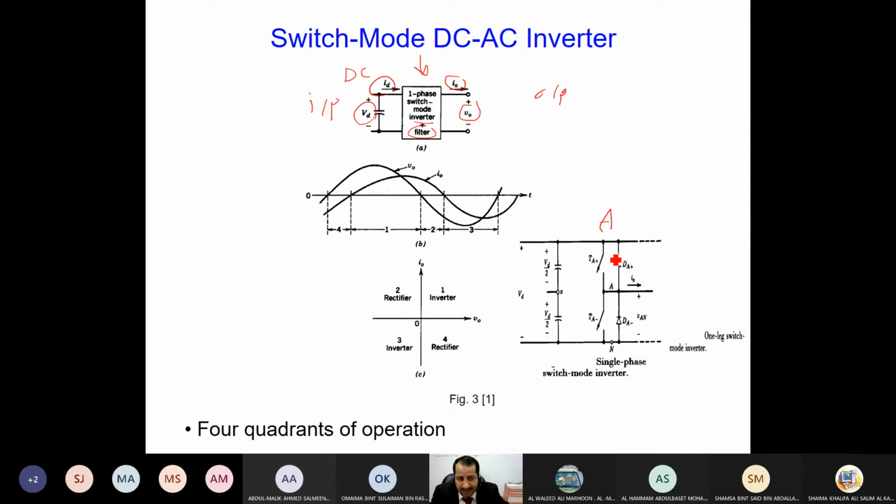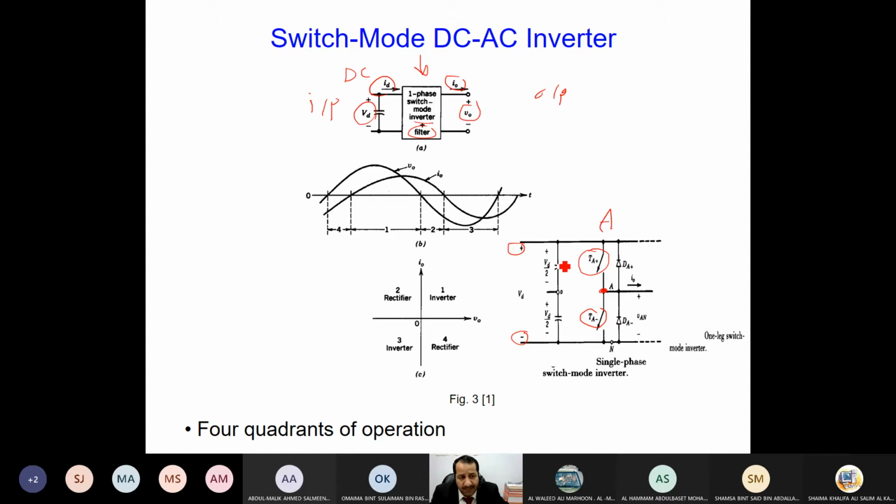As I discussed before in the DC-DC converter, have a look here. This is a switch TA positive, which is connected to the positive part of the supply, and TA negative, which is connected to the negative part of the supply. The output is taken from this point, point A, the middle of this leg, as we are going to see later on.